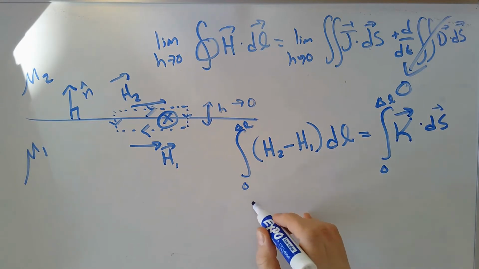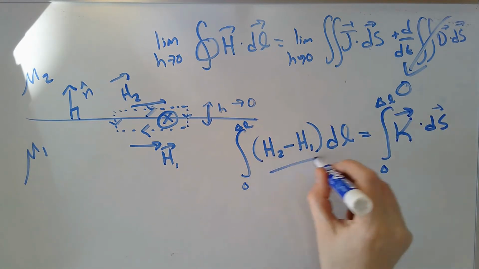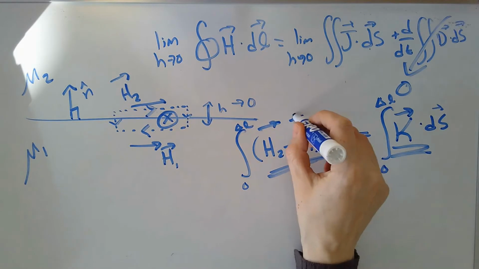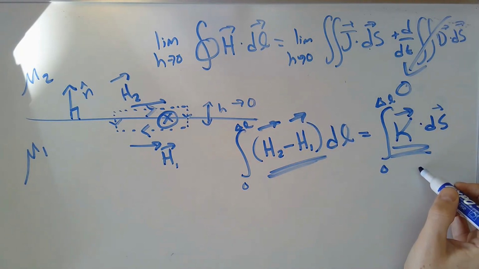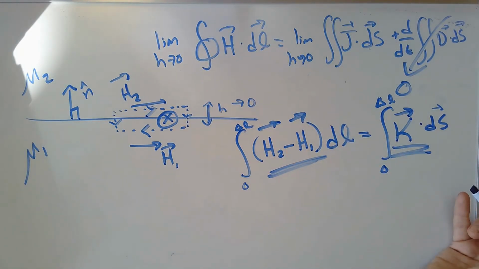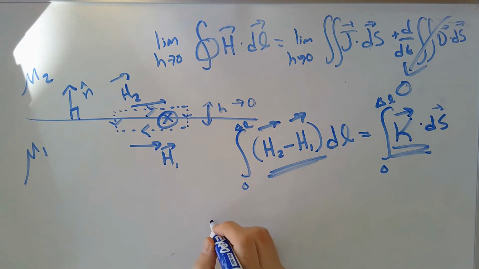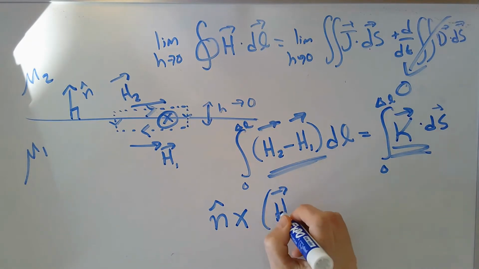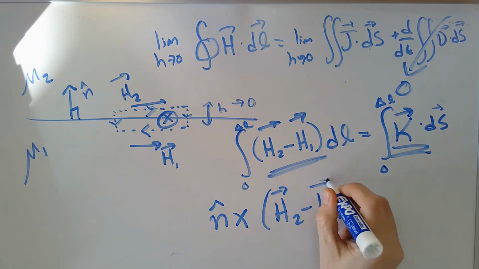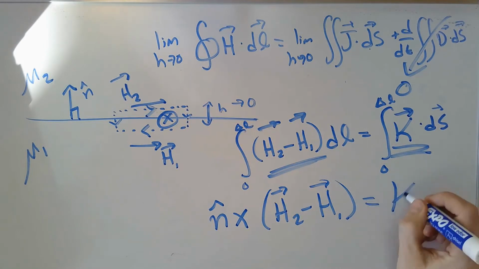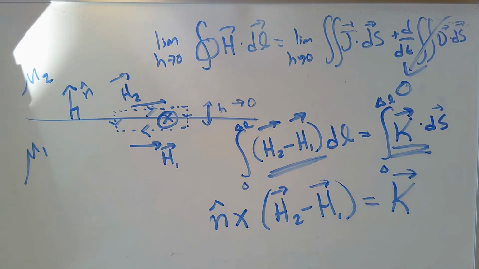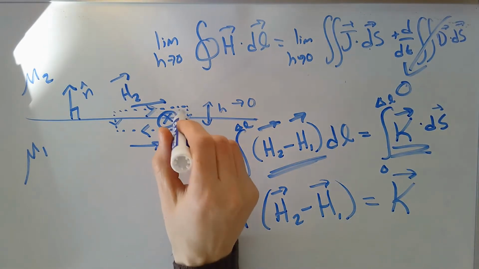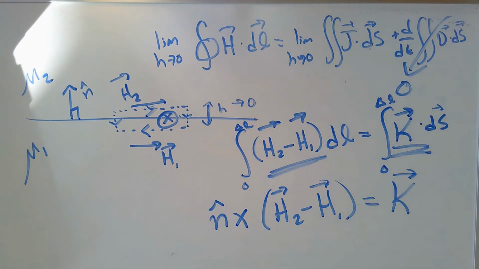So in order for this to be true, no matter where we choose it, this stuff has to be equal everywhere. So at the end, what we end up with is that the surface normal vector cross product with (H2 minus H1) is equal to the surface current density on the interface between the two materials.